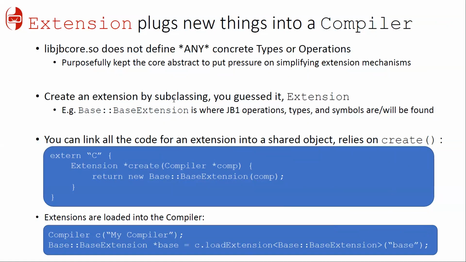You create extensions by subclassing it. The most obvious example of that, what I've got right now, is a namespace called base, which has a base extension class, where all of the JitBuilder 1 operations, types, symbols, etc., are defined and loaded into the compiler. That process is not complete.